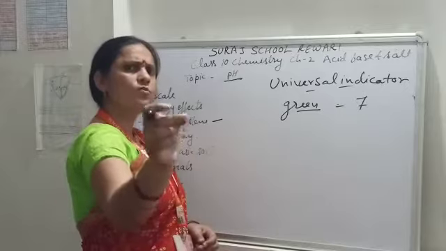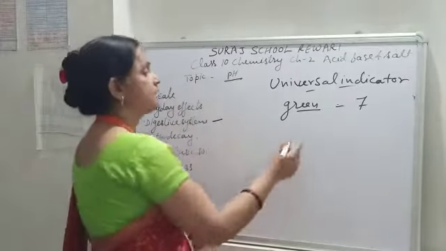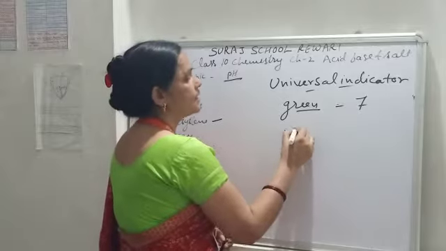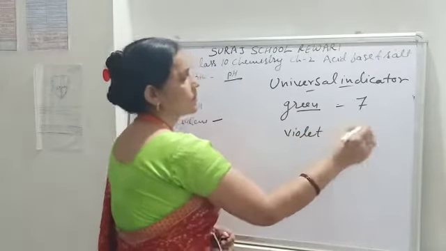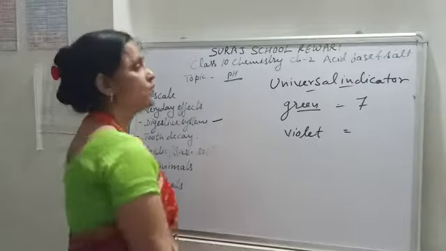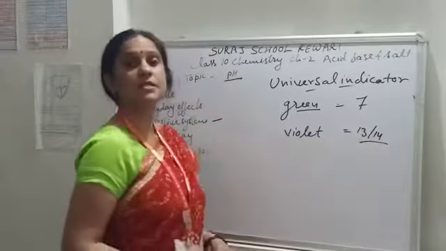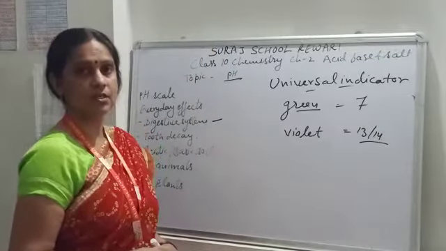If we add 1 or 2 drops of universal indicator in a solution and it gives violet color, then it is basic in nature and its pH will be 13 or 14. That means it is highly basic in nature.